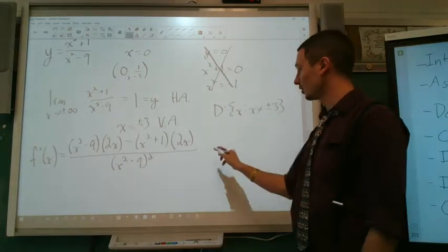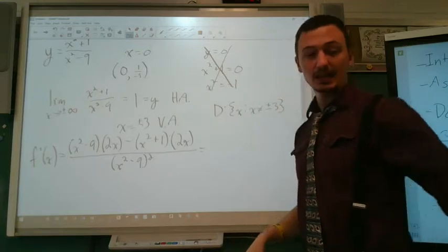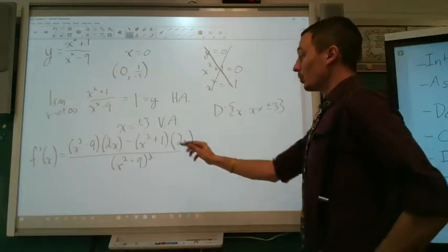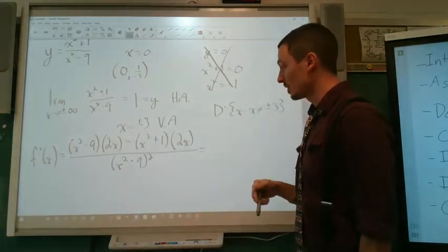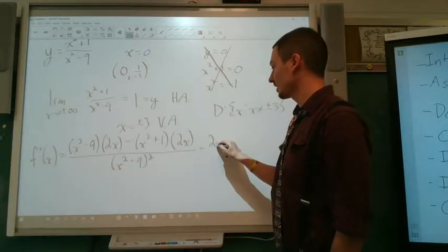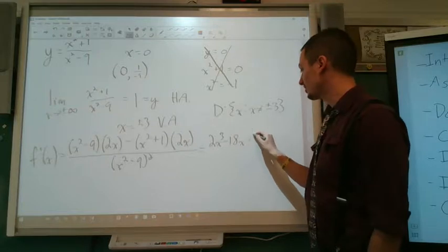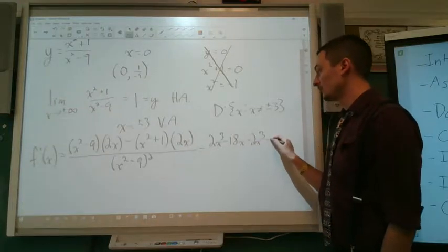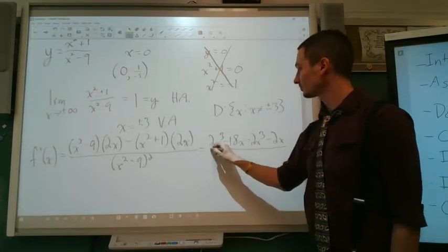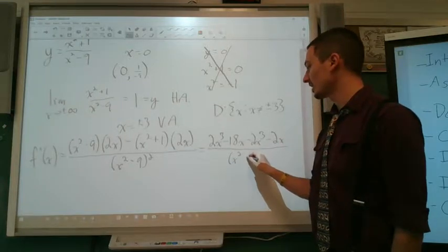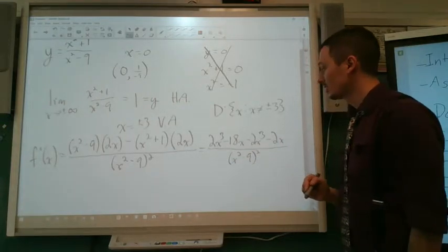We can simplify this a little bit, and we distribute both of those two x's, and we would get 2x cubed minus 18x minus 2x cubed minus 2x over x squared minus 9 squared.